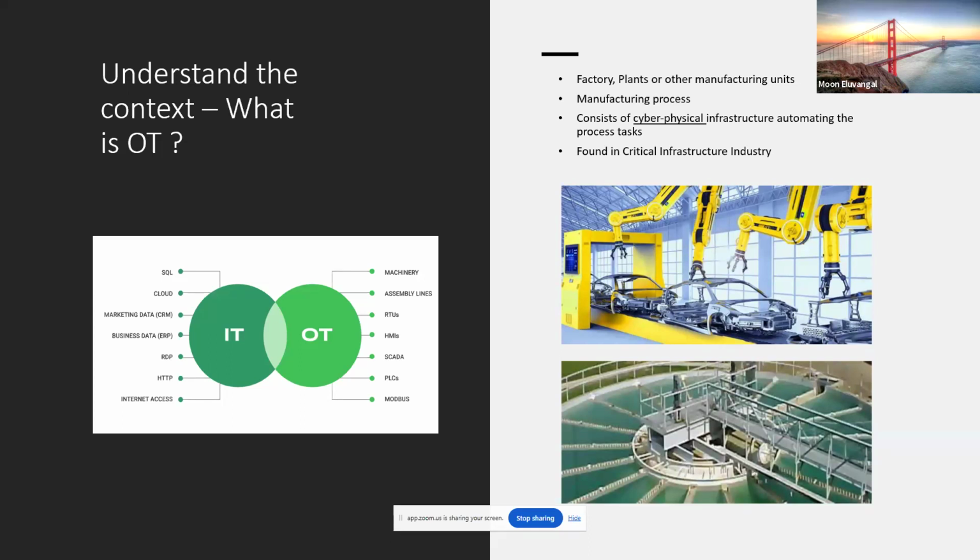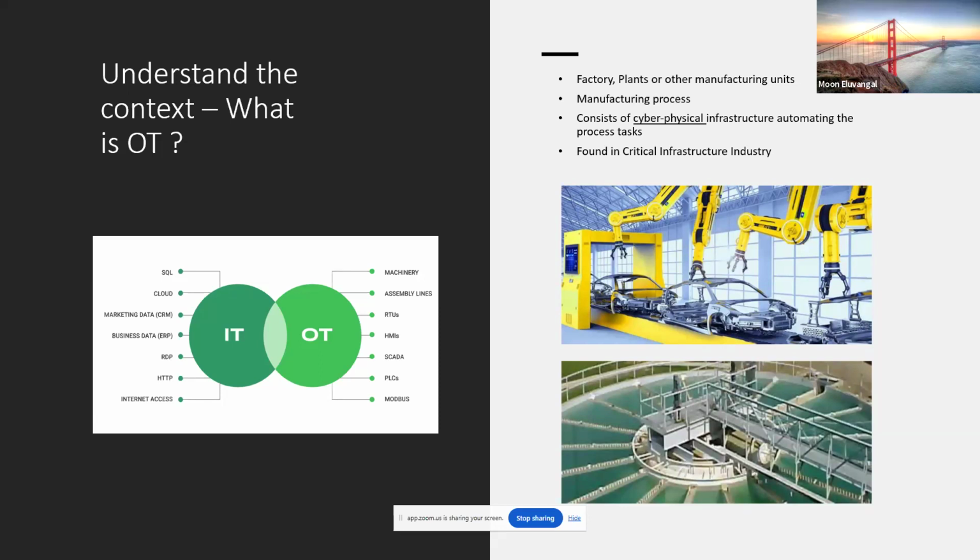OT, normally called operational technology, and not operation theater, is basically what we see in factories and manufacturing plants. I have tried to include two pictures on the right-hand side.